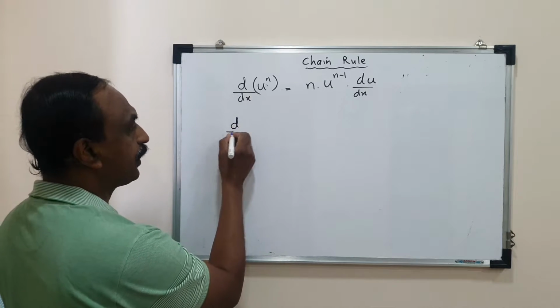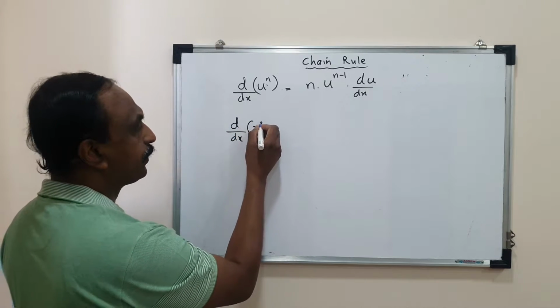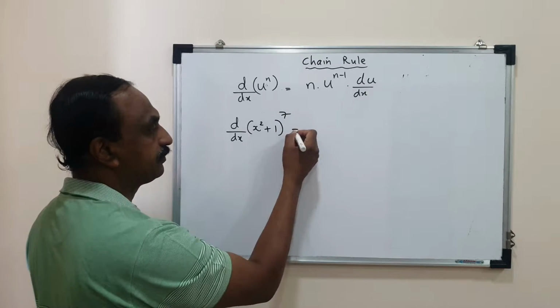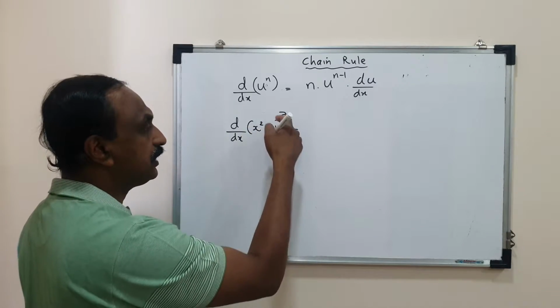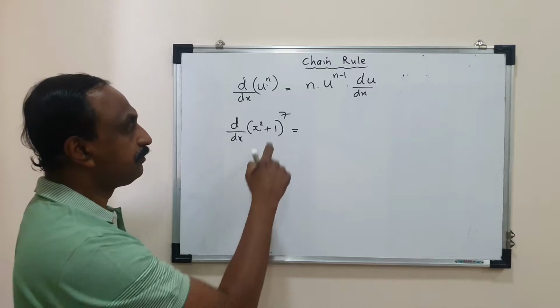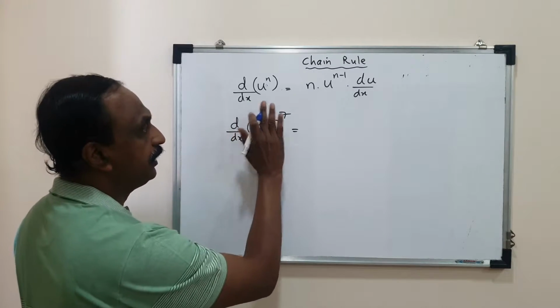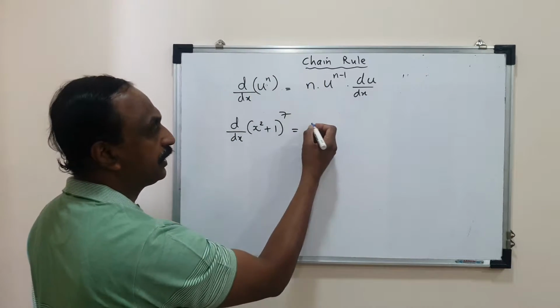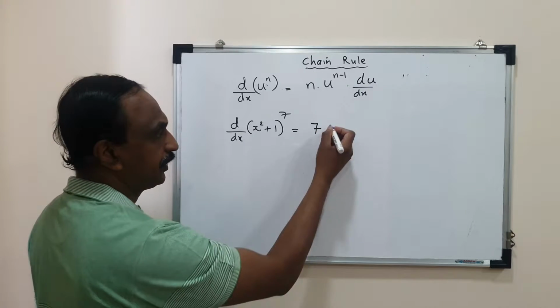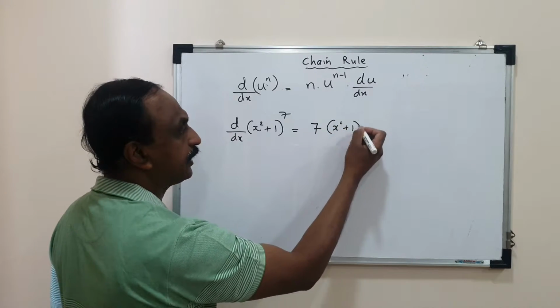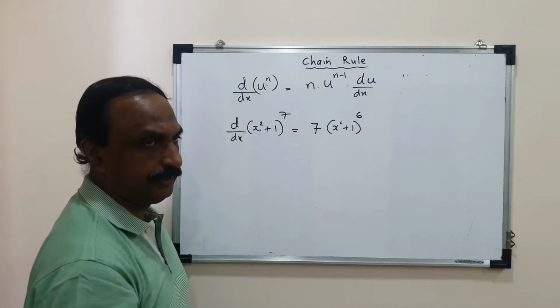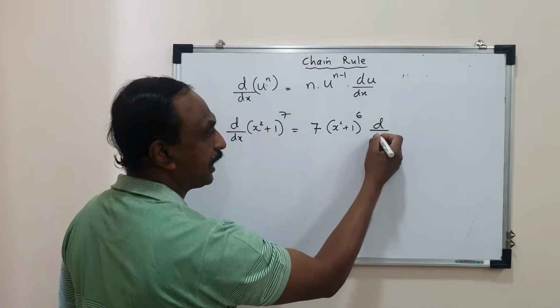So if I want to differentiate x squared plus 1 raised to 7, your u is x squared plus 1. Start with the 7, x squared plus 1 raised to 6, the power is reduced by 1, into d by dx of u.